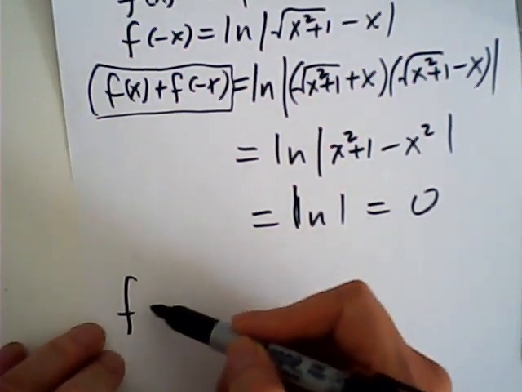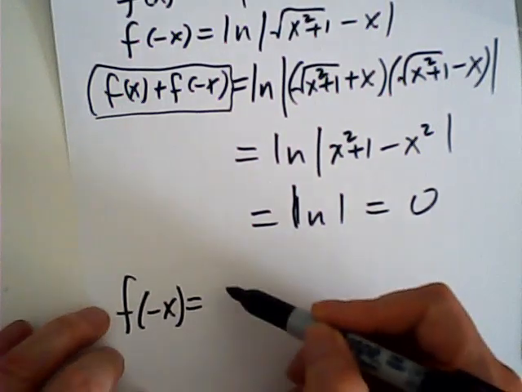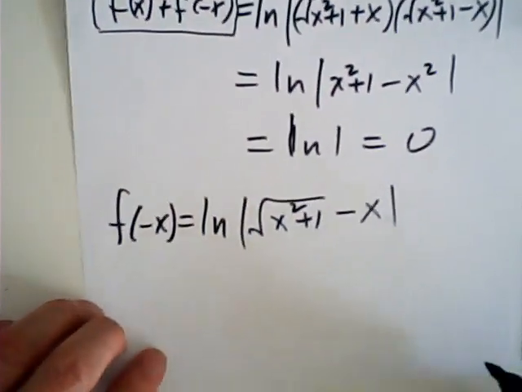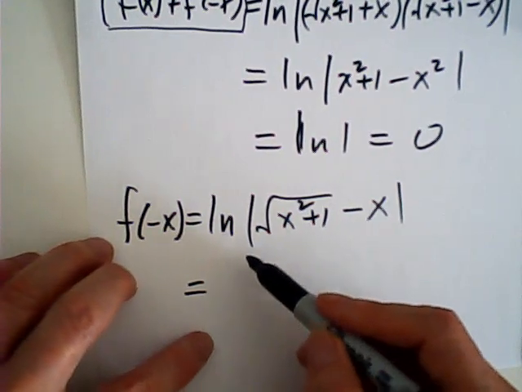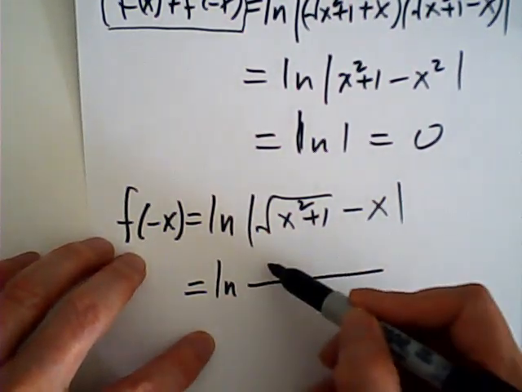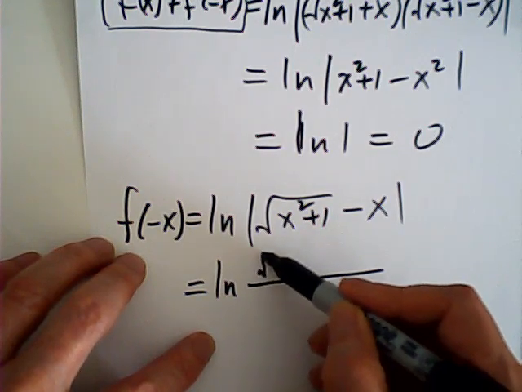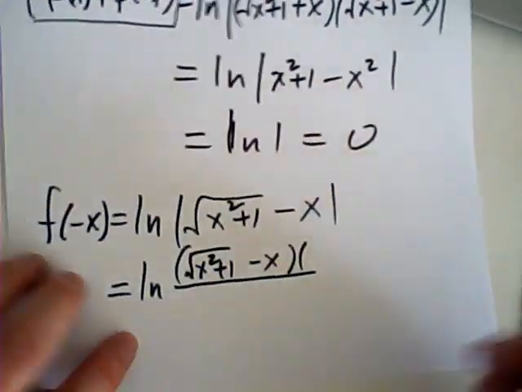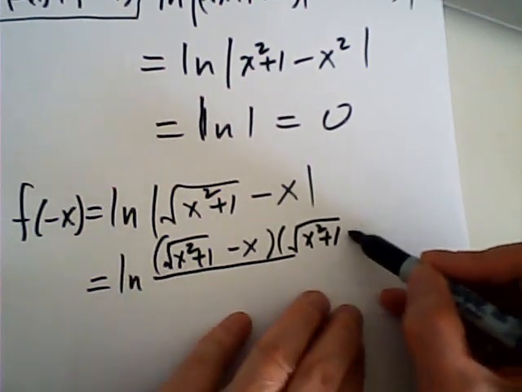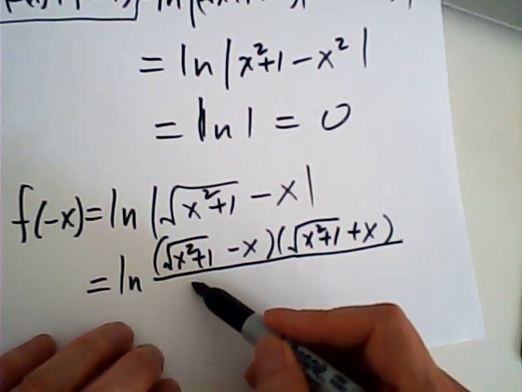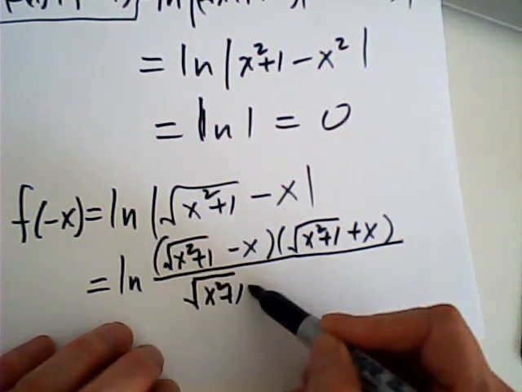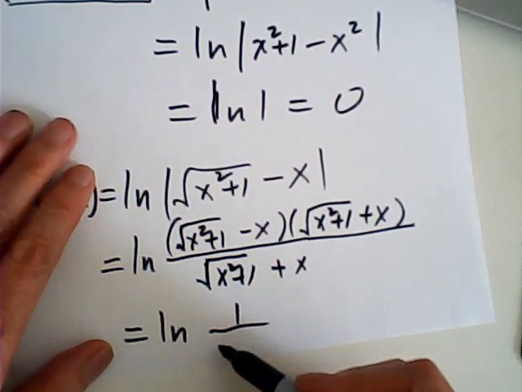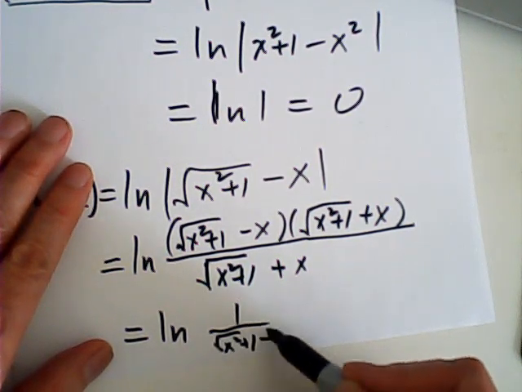Or you can use this one. f of negative x is equal to log of the square root of x squared plus 1 minus x, right? You multiply the denominator and the numerator. This one is equal to the square root of x squared plus 1 plus x, multiplied by the square root of x squared plus 1 minus x, over the square root of x squared plus 1 plus x.